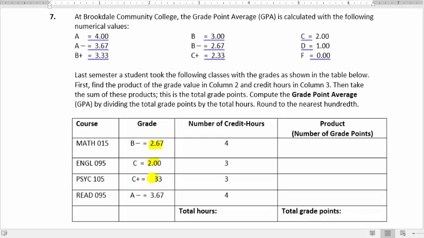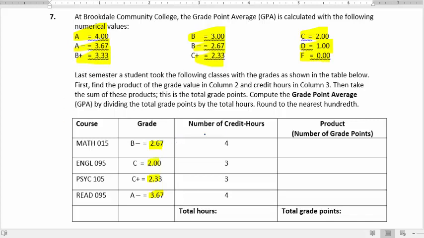A C plus is 2.33 points per credit, and an A minus is 3.67 points per credit. An A is 4 points per credit. You can see the whole scale here. That's why if you have a 4.0 GPA, that's a perfect GPA, because you got an A in every single course. If you have a GPA like a 3.3, that's roughly a B plus, so your grades average out to about a B plus.